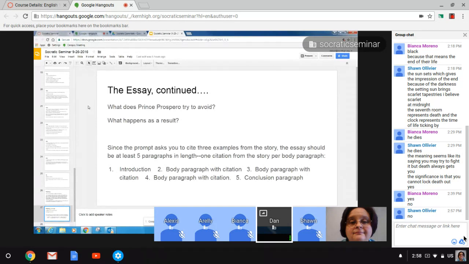As a minimum for the essay, there is the introduction paragraph, where you set up the essay and introduce what you're going to talk about in the body paragraphs. You've got a strong thesis statement in the introduction, and then the second paragraph is going to be a body paragraph, and that paragraph will have 1 citation from Masque of the Red Death in it.